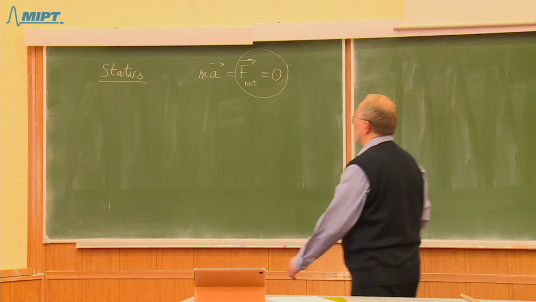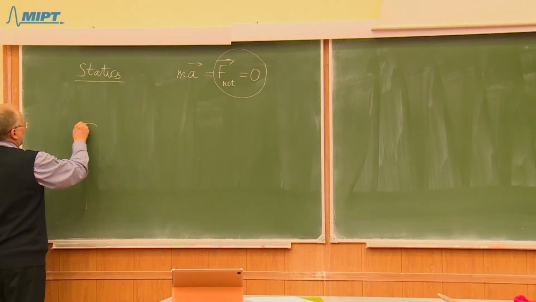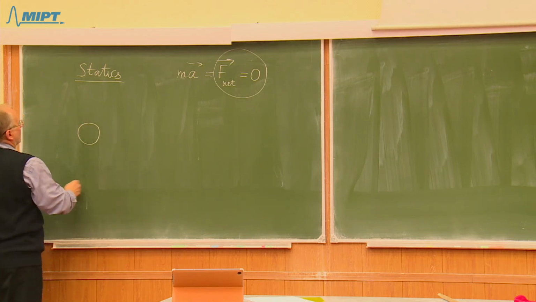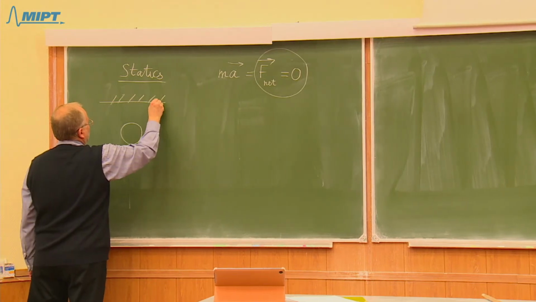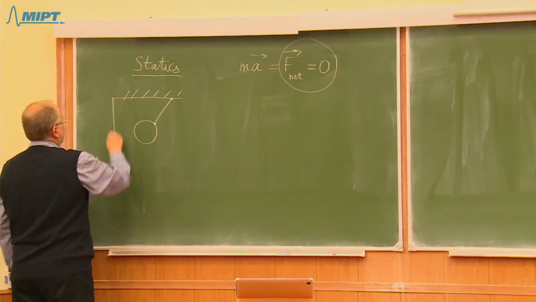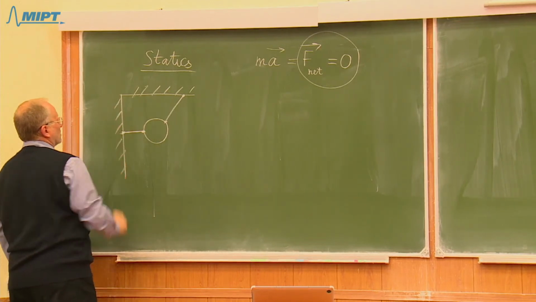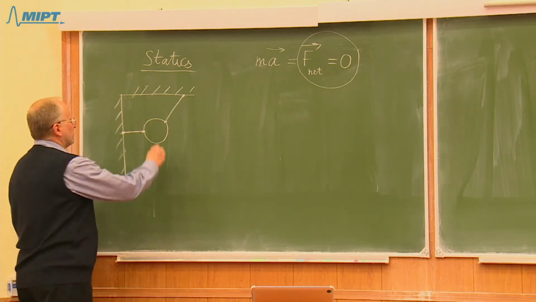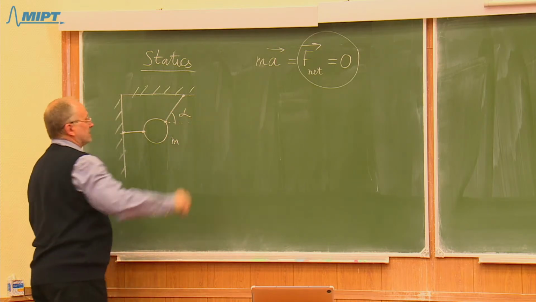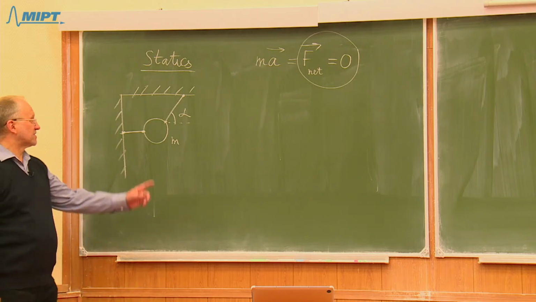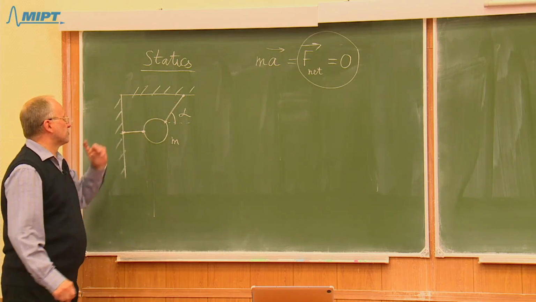Let's consider a simple example. Let's say there is a ball suspended on a thread in this way, and another thread is tied to the wall. And the mass of the ball is m, and this angle is given, it's alpha, and you must calculate the tension forces in both strings.